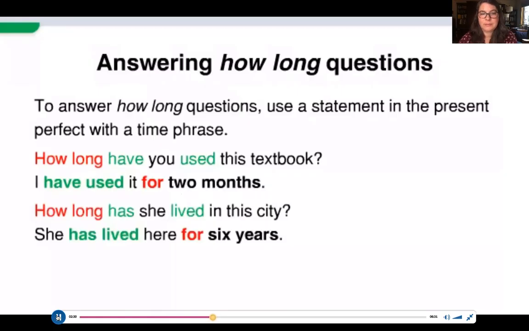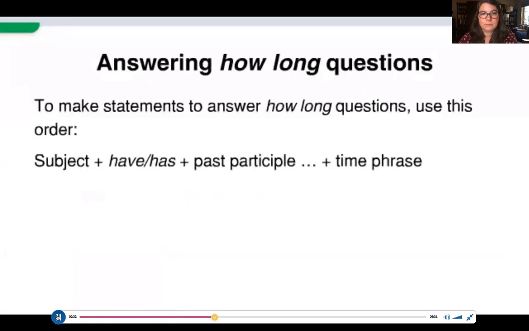For 6 years. Answering how long questions. To make statements to answer how long questions, use this order. Subject plus have or has plus past participle plus time phrase. How long have you waited here?